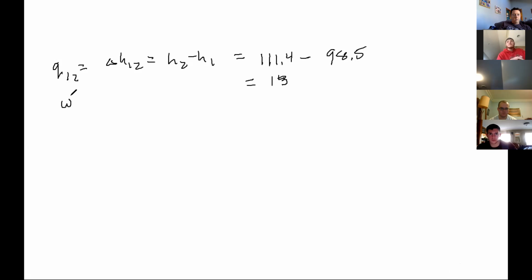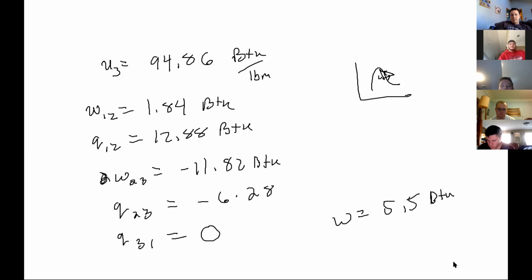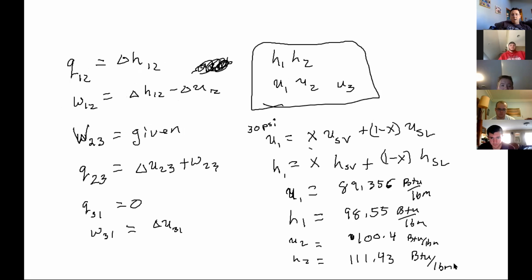Then the work from 1 to 2 is going to be delta H12 minus delta U12. So that's going to be about 13 minus U2 minus U1.